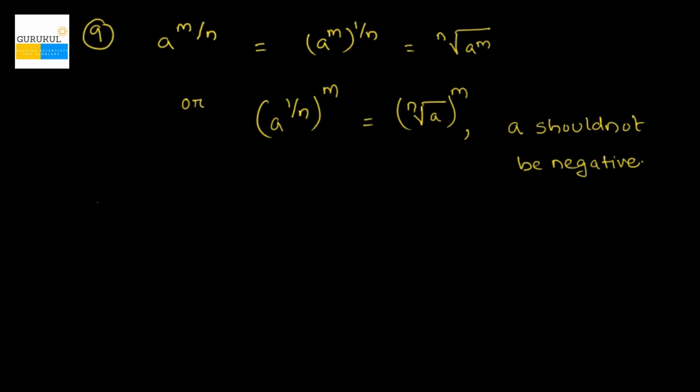In the 8th and 9th laws, a should not be negative. Now I'll list down some common mistakes. What students do is write 2x raised to the power 3 as 2 raised to the power 3 times x cube, but this is not true.